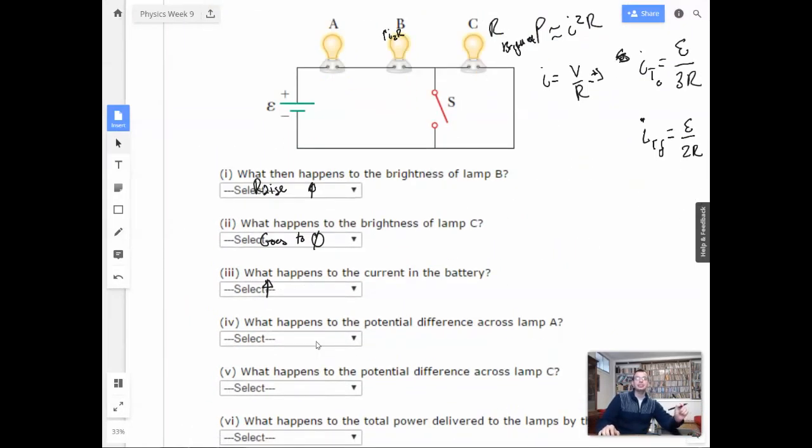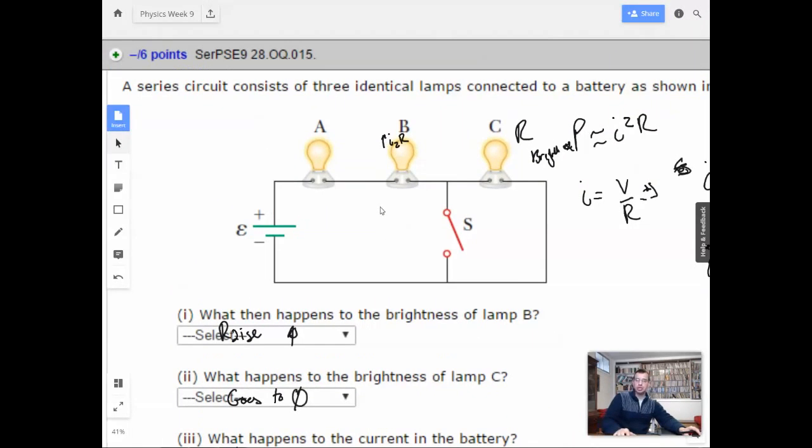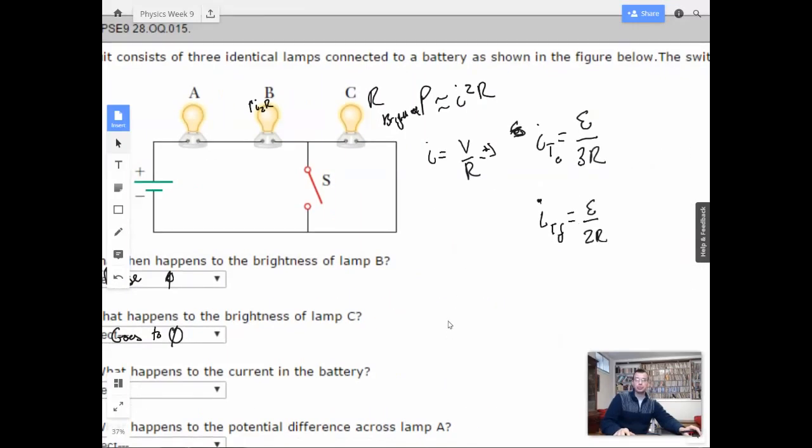What happens to the potential difference across lamp A? Okay, so initially, voltage initial, there's going to be a voltage drop across each of the 3 lamps. The voltage drop across each lamp, because they're identical, has to be the same.